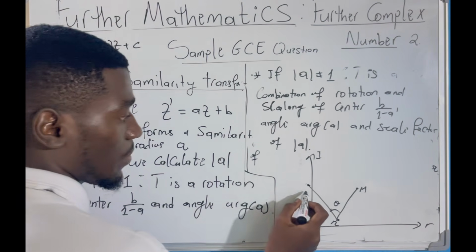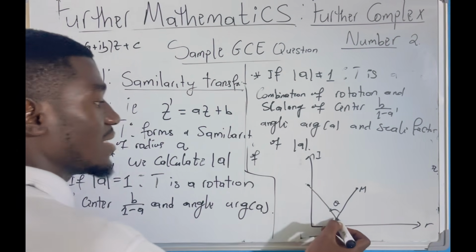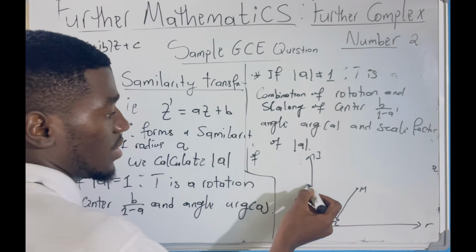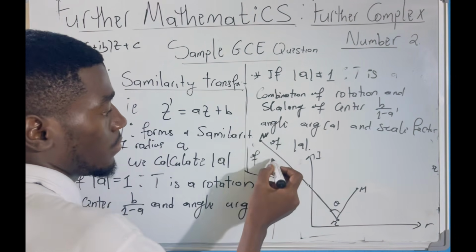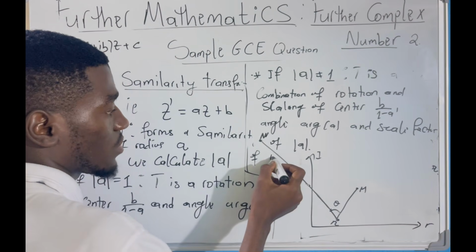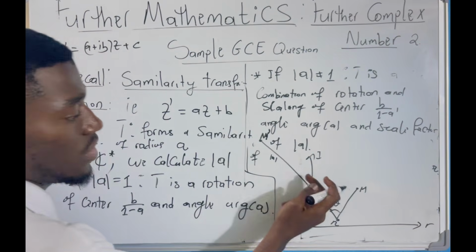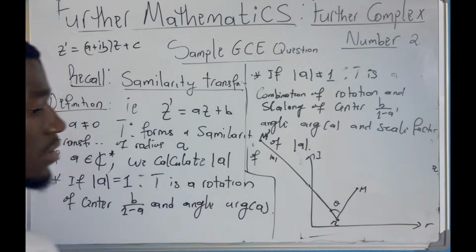I will not stop at M. No. After applying a rotation of that angle theta, I will now apply a scaling. I will now enlarge, if it's an enlargement, by a factor of the modulus of A. So this is my M prime. So you see what M prime is: a rotation plus a scaling with the center gamma.